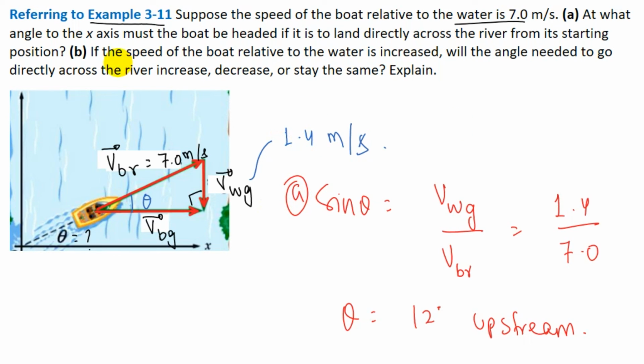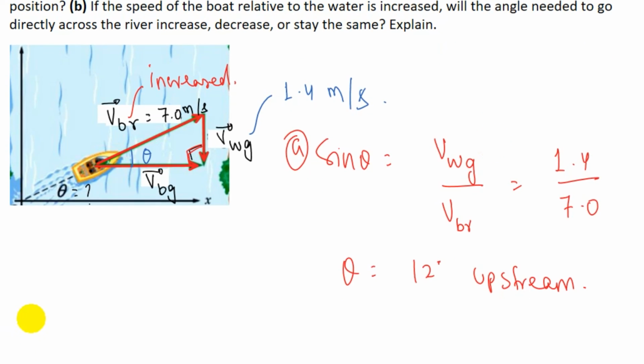Now next it says, if the speed of the boat relative to water is increased, then what would be the change in angle theta so that the boat still lands directly across? Here we observe that if the speed of the boat is increased, this overall ratio will decrease, and if this decreases, sine theta will also decrease, so theta should decrease.